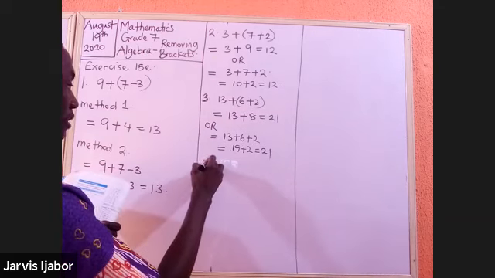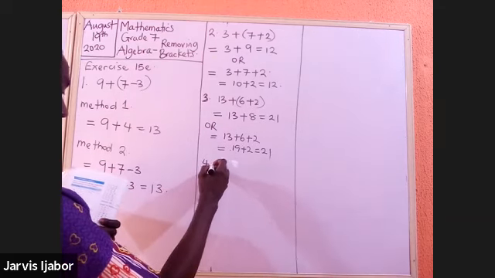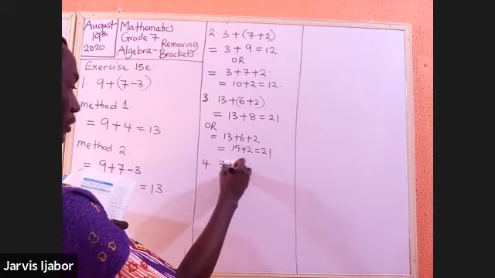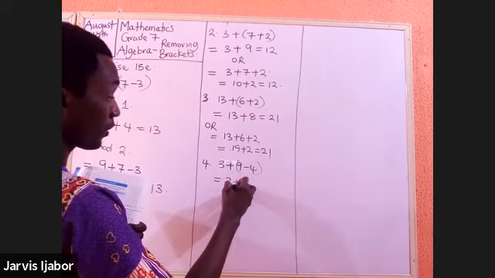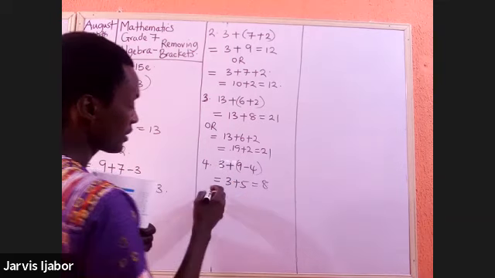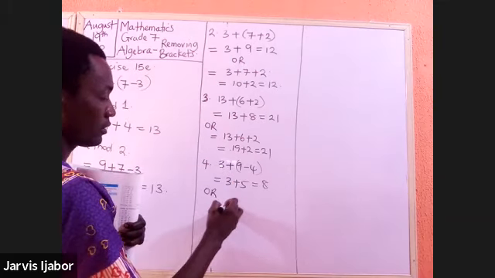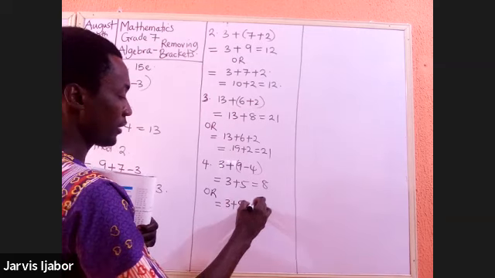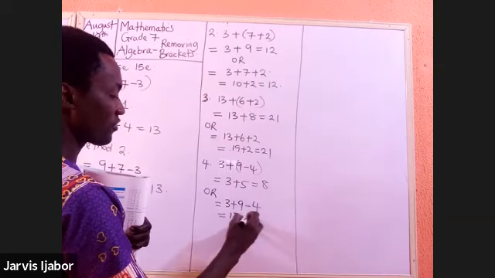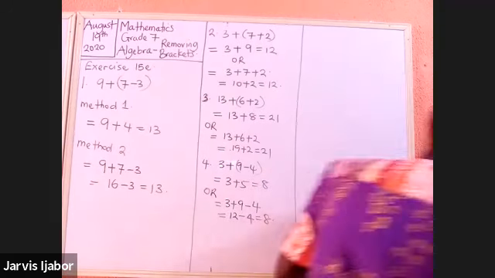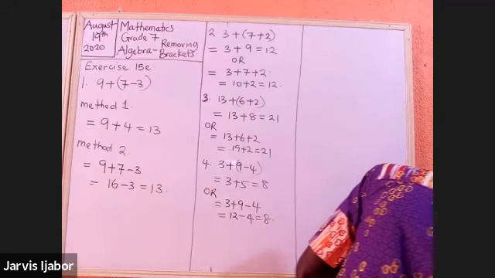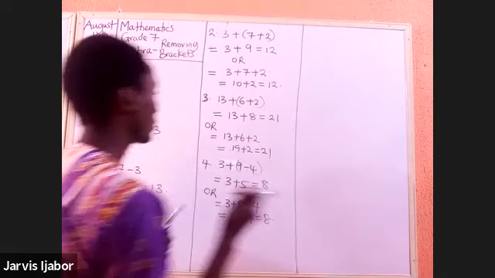Question 4, you have 3 plus, bracket, 9 minus 4. That will give you 3 plus 5, and that will be 8. Or 3 plus 9 minus 4, which will be 12 minus 4, and that will be 8. So that's for question 4.